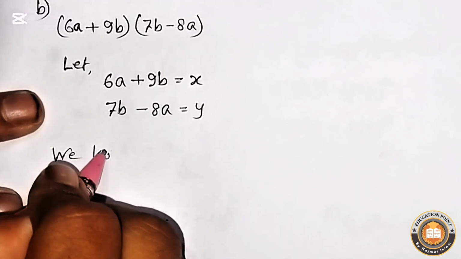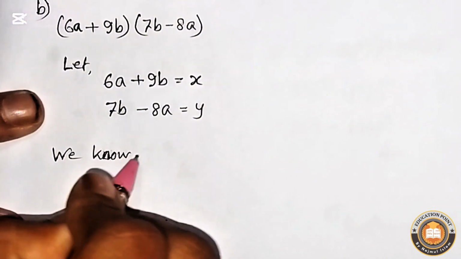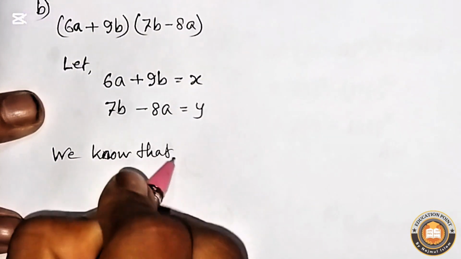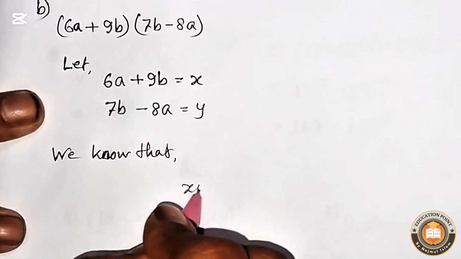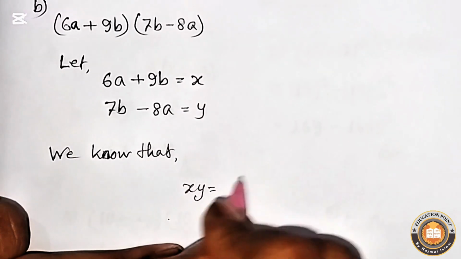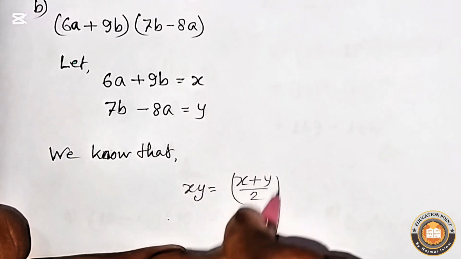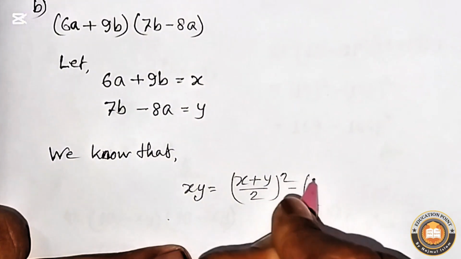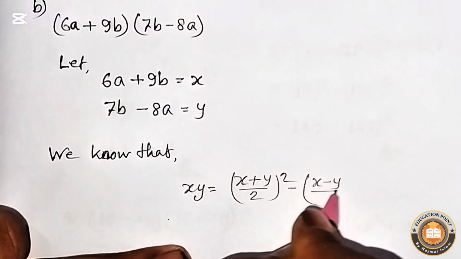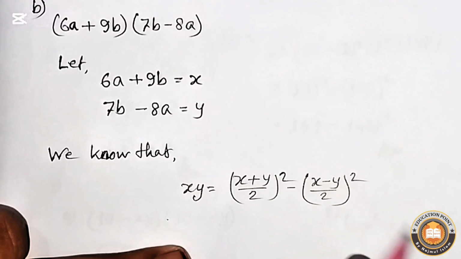We know that xy equal (x plus y by 2) whole square minus (x minus y by 2) whole square.